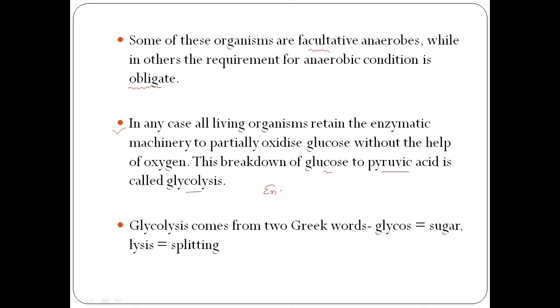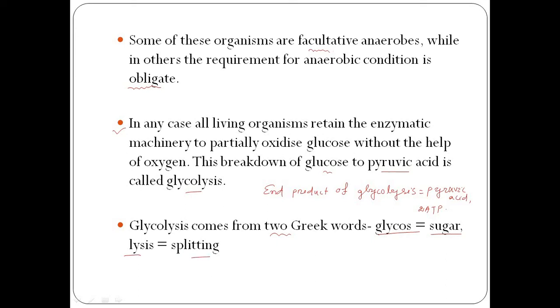So, the end product of glycolysis is pyruvic acid and 2 ATP. Glycolysis comes from two Greek words: glykos means sugar or glucose, and lysis means splitting.